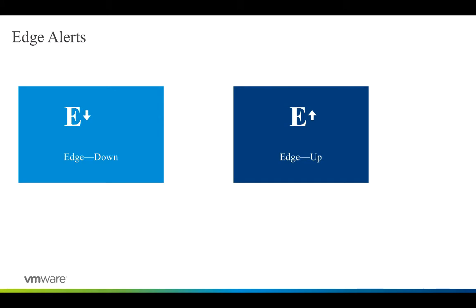Now the edge alerts. Remember, the edge is the CPE device, which could be physical or virtual, on the branch site or on the data center site where the edge device is configured or enabled as a hub. So there are two types of alerts here: edge down and edge up alert.